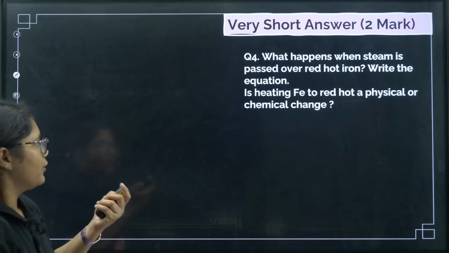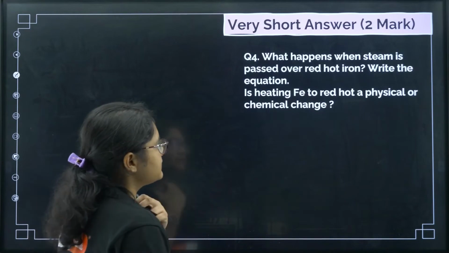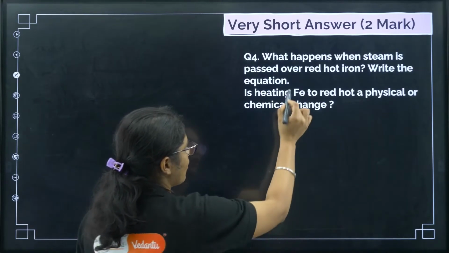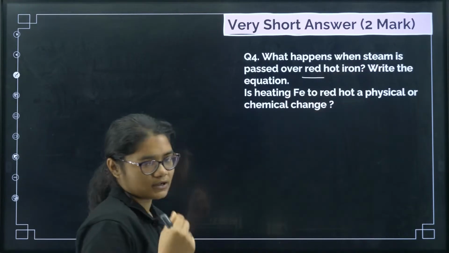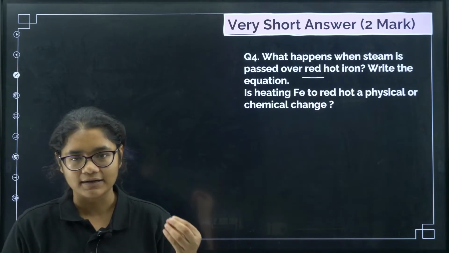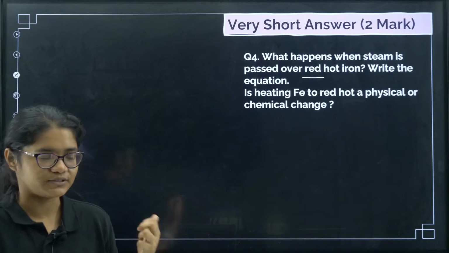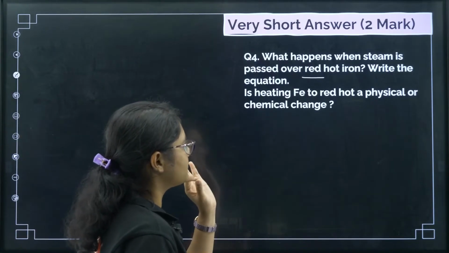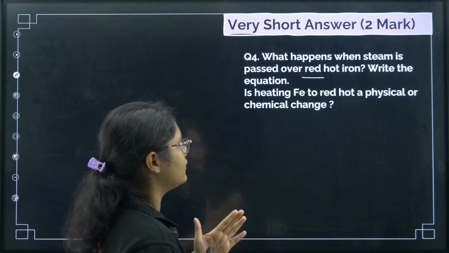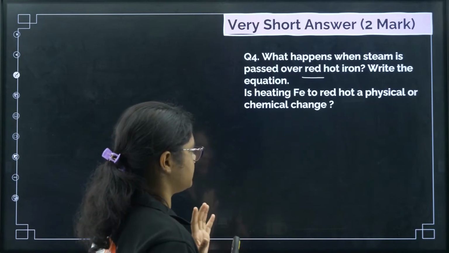Next question. What happens when steam is passed over red hot iron? Now we have come to 2 marker questions. I will tell you how exactly you need to present the answer in the board examinations. This is a subjective question. What happens when steam is passed over red hot iron? Write the equation.